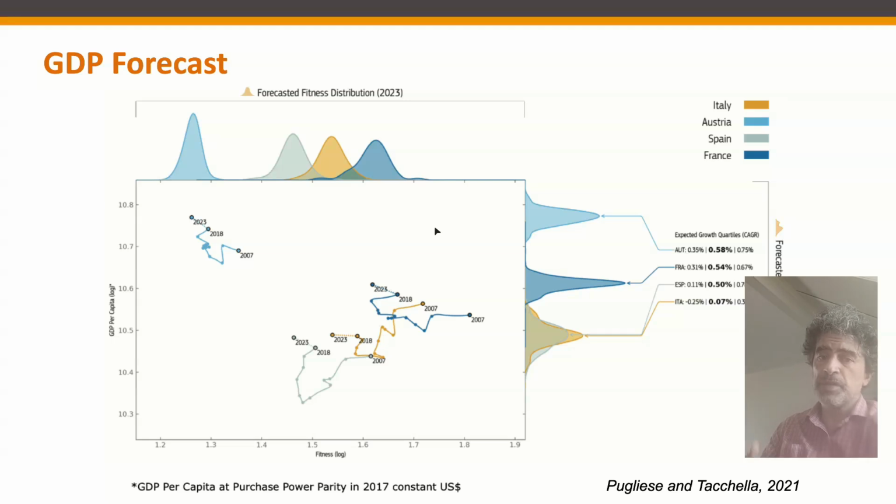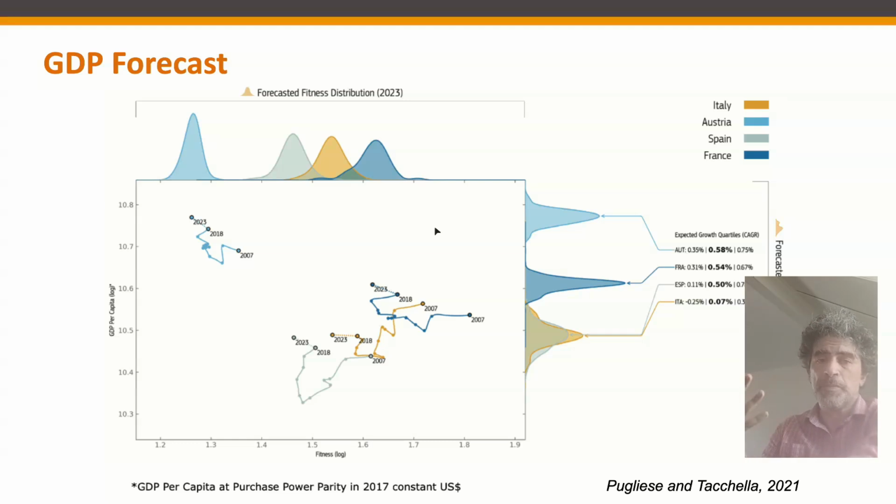Okay, this is annualized in a 5 years time span. This is an aggregate measure, an aggregate forecast.